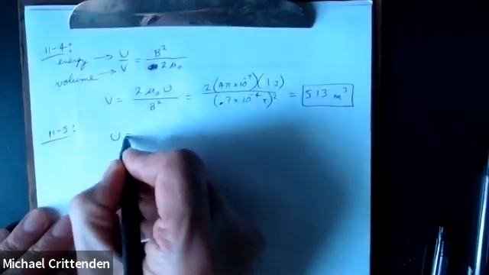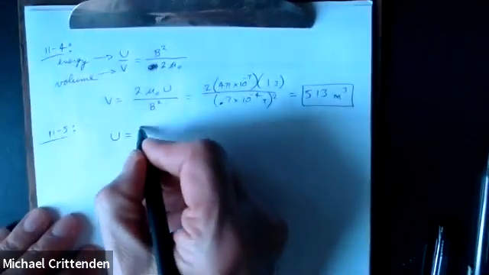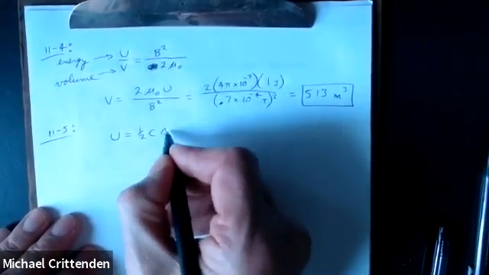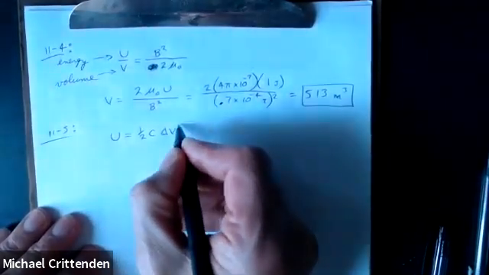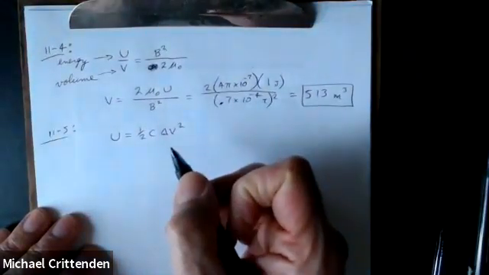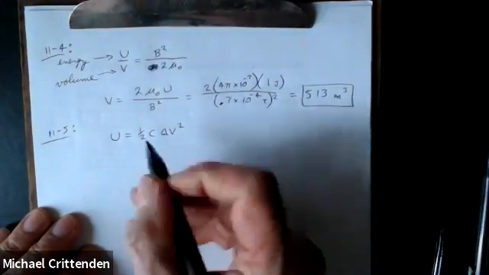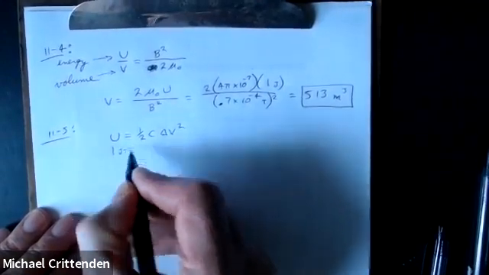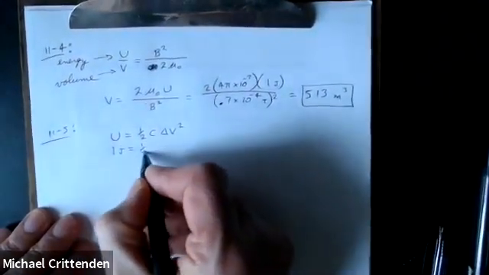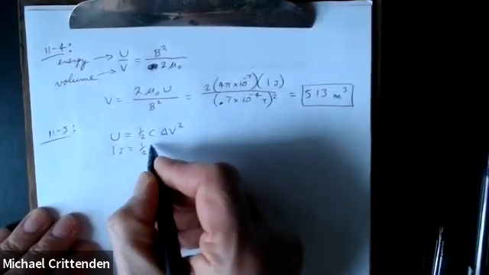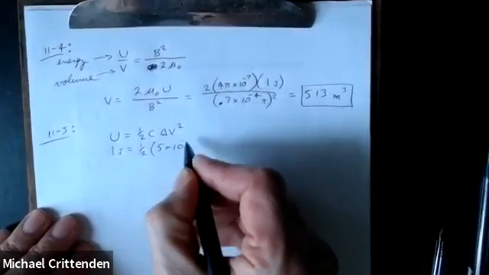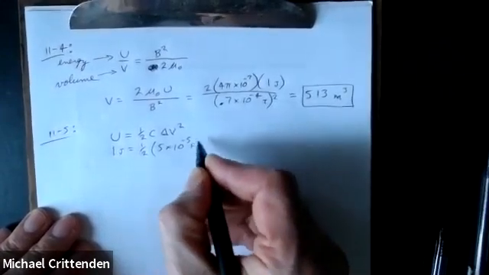So the energy stored in a capacitor is 1/2 C times delta V squared. And it says we want to store 1 joule in this capacitor. And it says it's a 50 microfarad capacitor, 5 times 10 to the negative 5th of a farad.